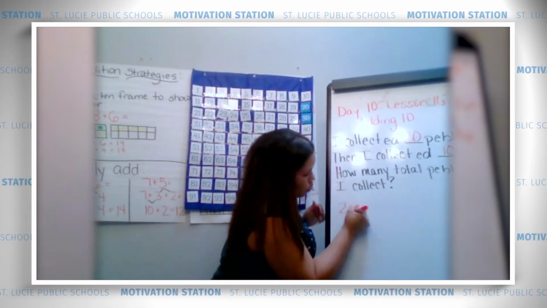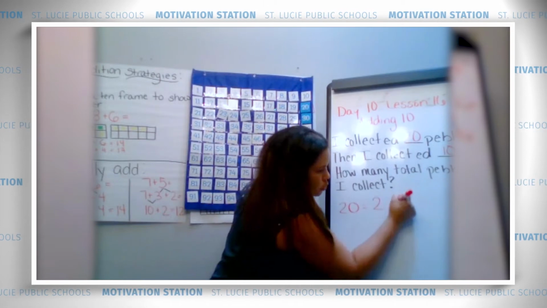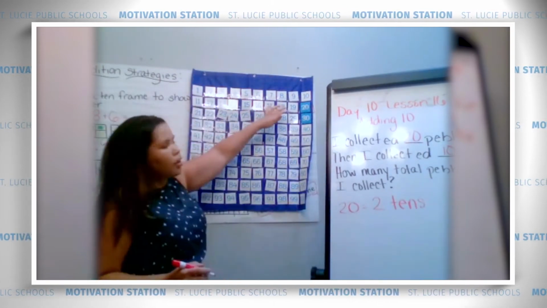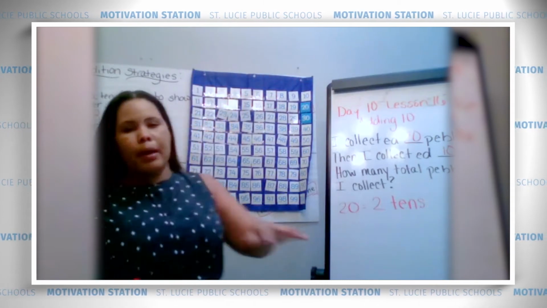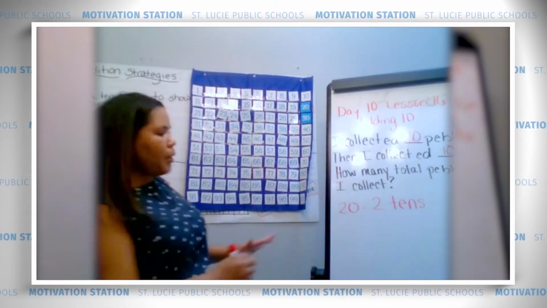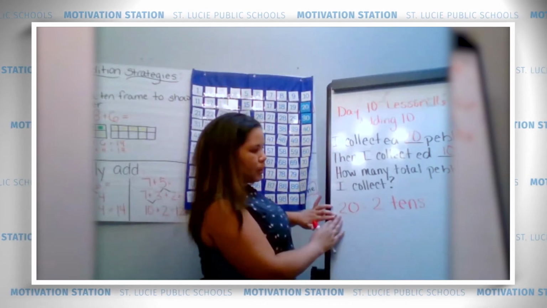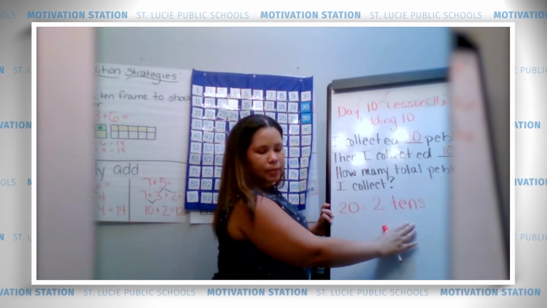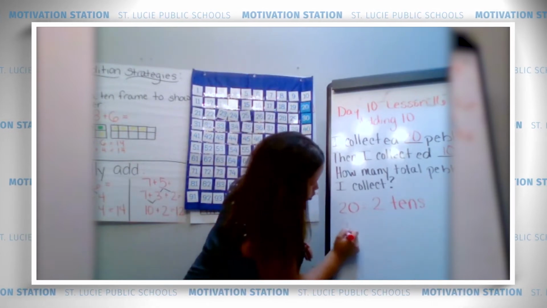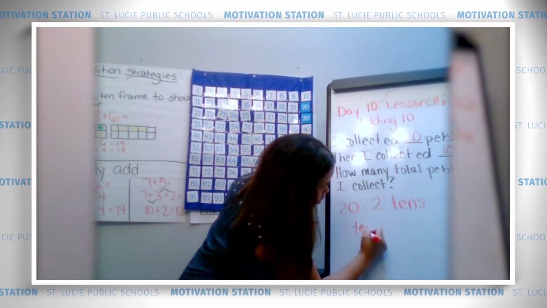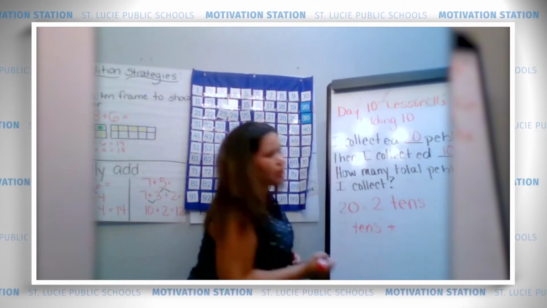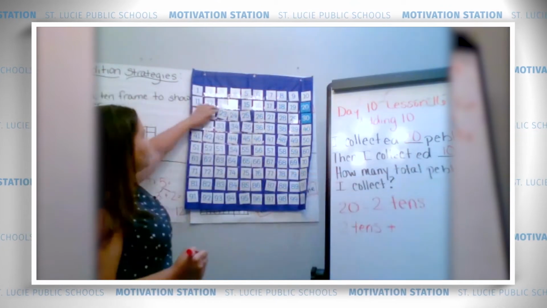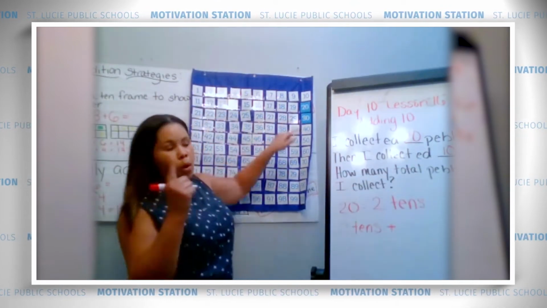Okay. So 20 is the same as 2 tens. We know this by our 100 chart. We also know that by our 100 frame. And when we look at this number, we see 2 tens and 0 ones. So we know that 20 is the same as 2 tens, plus, how many tens are in the number 10? 1.